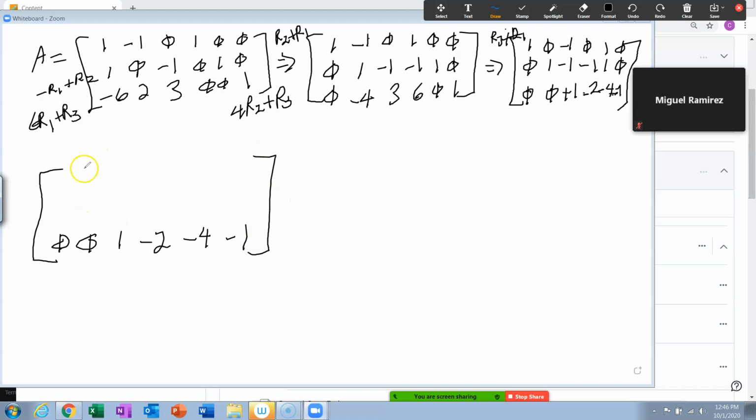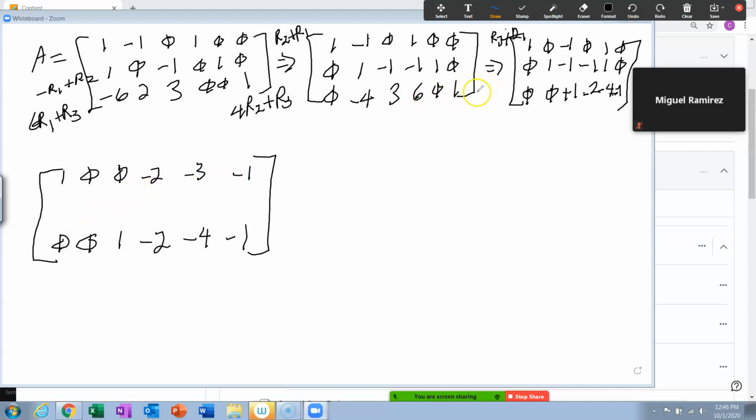Okay, add row 3 to row 1, and you get a 1, a 0, a 0, a minus 2, a minus 3, and a minus 1. I hope I wrote it right.